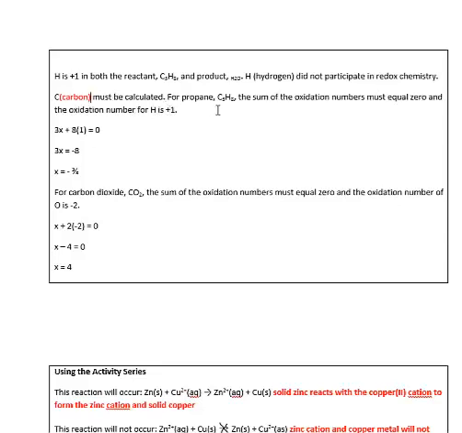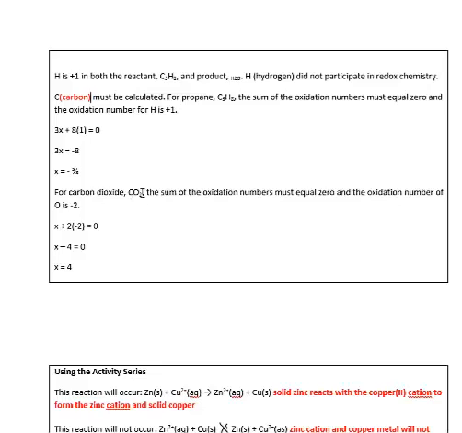For propane, C3H8, the sum of the oxidation numbers must equal 0, and the oxidation number for H is +1. 3x plus 8 times 1 equals 0. 3x equals -8. X equals -8/3.